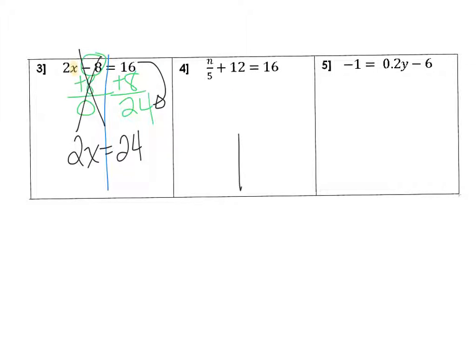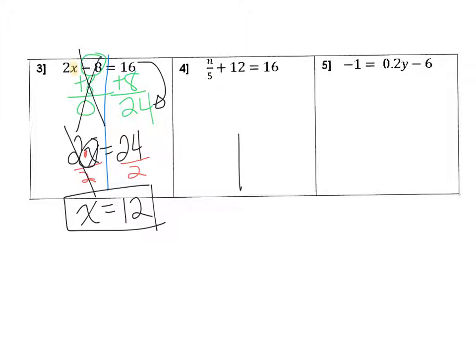So that x still isn't by itself because it's being multiplied by 2. So the inverse of multiplying by 2 would be dividing by 2. So I'm going to divide both sides by 2. So the times 2 divided by 2 cancel each other out, and I'm left with just that x. And on the other side, 24 divided by 2 is 12. So x is equal to 12.